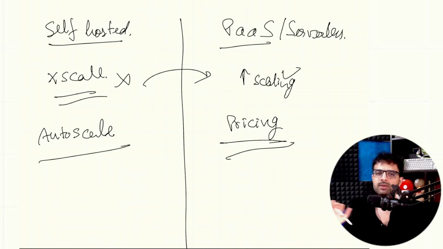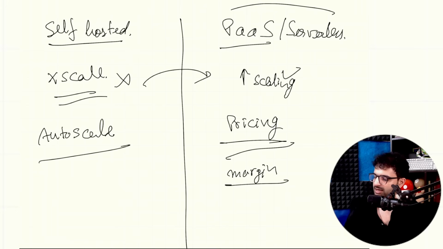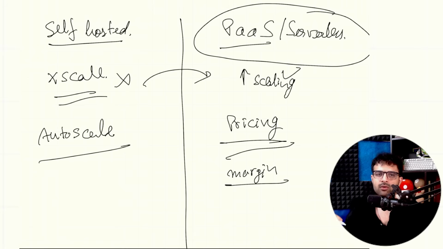Of course, you can have budget limits, but generally, it can be highly unpredictable how much money you have to pay. There is also usually some extra margin or premium you have to pay because they're handling scaling up and down for you. Since they are handling traffic and spikes for you, you have to pay them a little bit extra compared to if you were self-hosting.